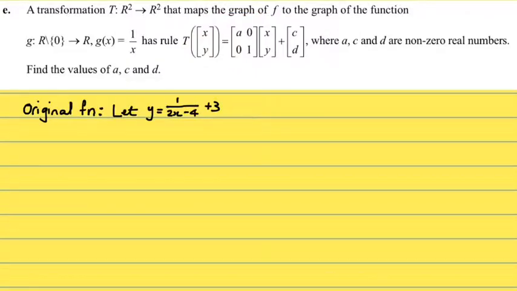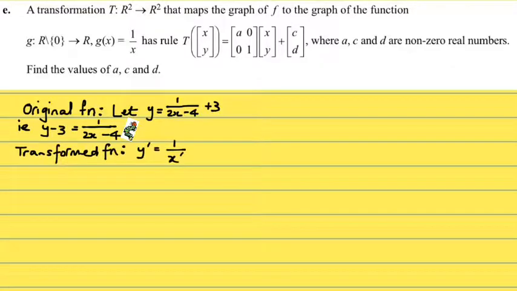So we've got y equals 1 over 2x minus 4 plus 3. That's the original function, and we're just rearranging it a bit into transformy kind of style. That is the caterpillar or the untransformed function. Now here comes the transformed function, where we're saying that y dashed equals 1 over x dashed.